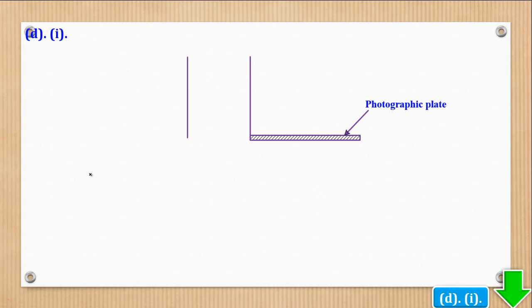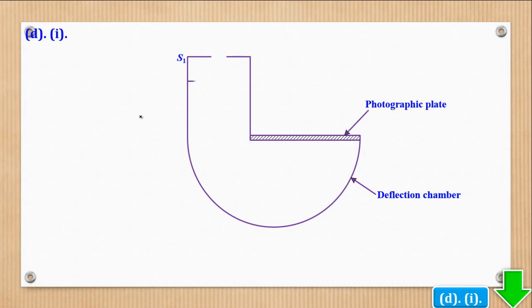That is the photographic plate. Then we shall need the momentum selector or deflection chamber. That is the first slit, second slit, and third slit.